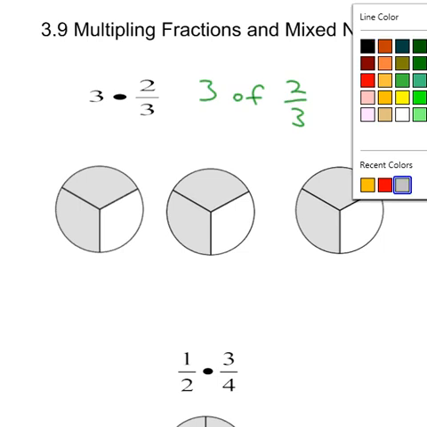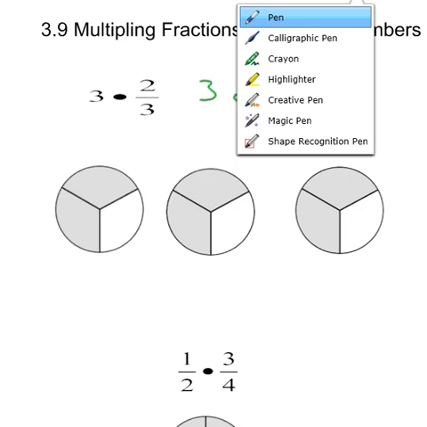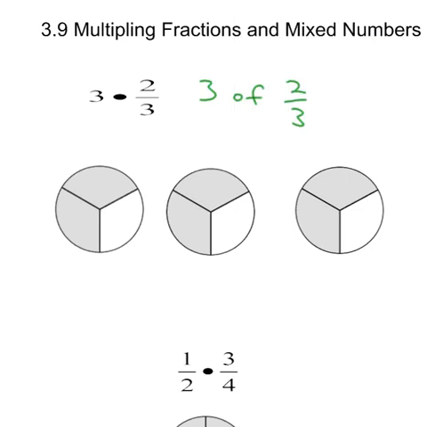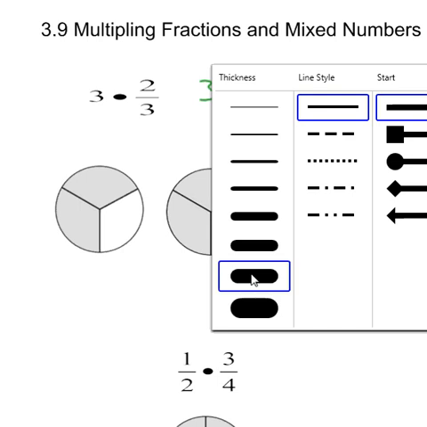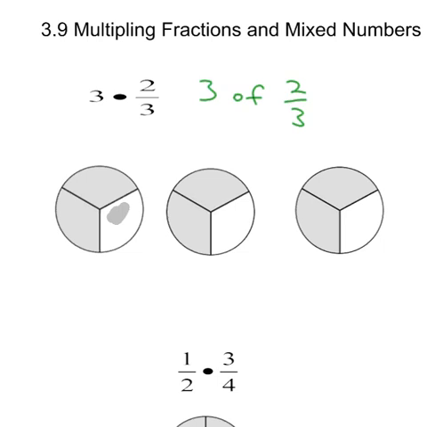Let me get the marker nice and dark here. Now I'm going to just fill this gray in right here, and I'll take this one right here and fill that in right there.